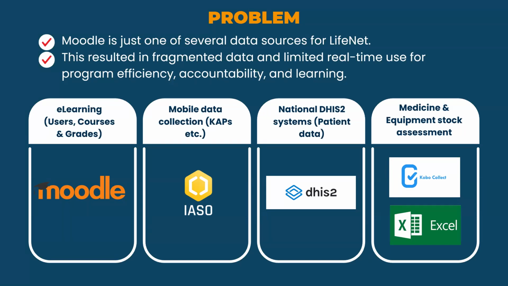And then we also have Kobo Collect, we also had Excel, where we used to track medicine, equipment, and stock assessment. So we needed a unified system where we could access all this information in real time for program efficiency, accountability, and learning.